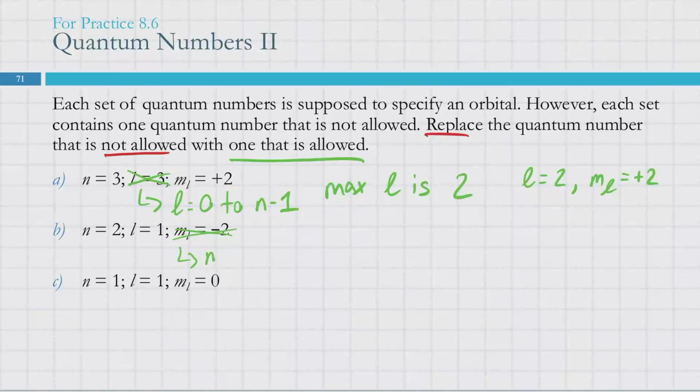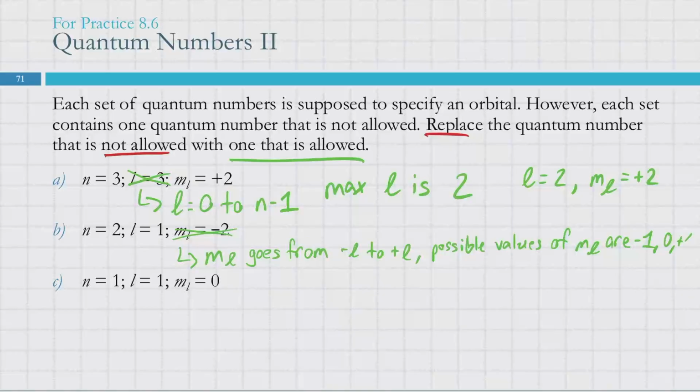The reason that's not allowed is that M sub L goes from negative L to positive L. So possible values of M sub L are negative 1, 0, positive 1. Negative 2 is outside of our possible range, so we could change it to any of those 3, negative 1, 0, or positive 1.